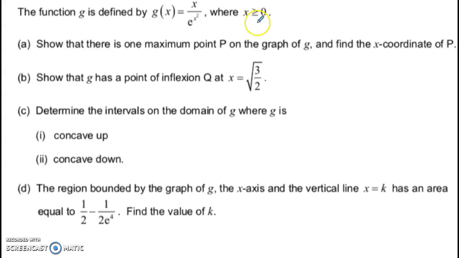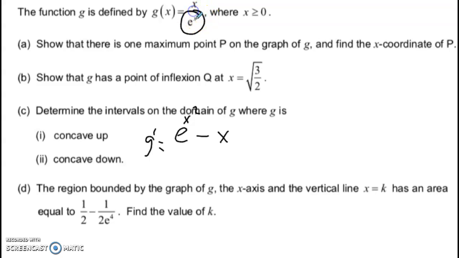So I need to find the derivative of g. So I'm going to kind of do my work and erase it. So the derivative of g, this is a quotient. So I have to do the quotient rule, which is the bottom times the derivative of the top, which is just 1, minus the top, which is x, times the derivative of this.